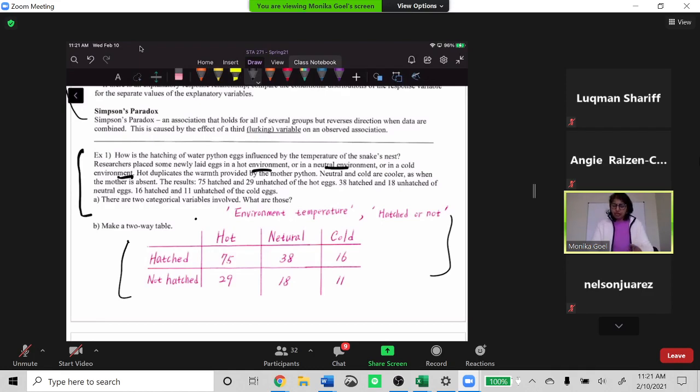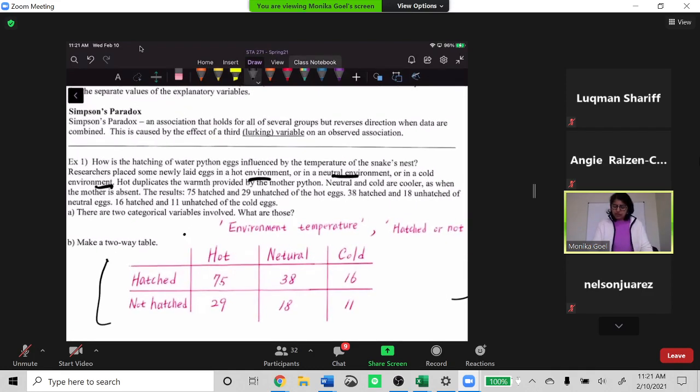When you look at the question, this information is provided. If you look at the environment, you have three different environments: hot, neutral, and cold. And again, two types of results we have: hatched or unhatched.